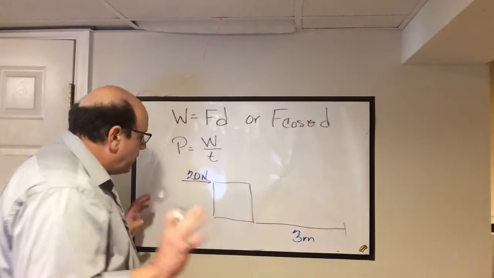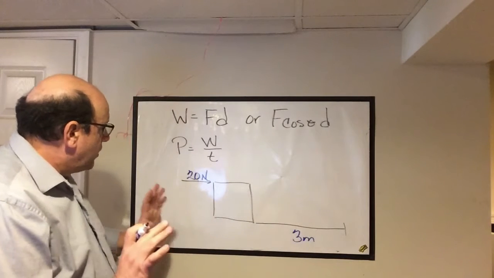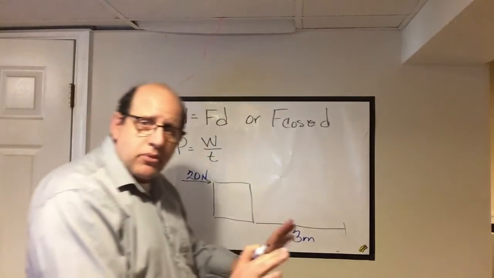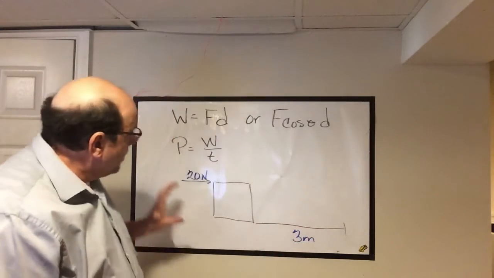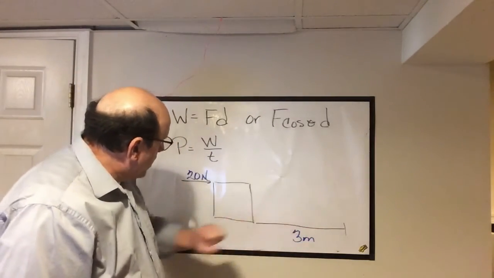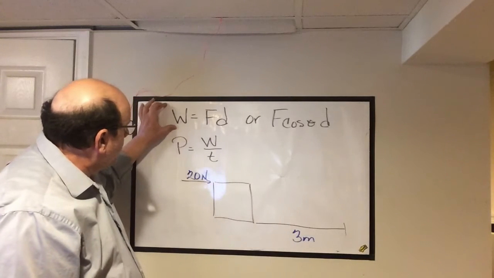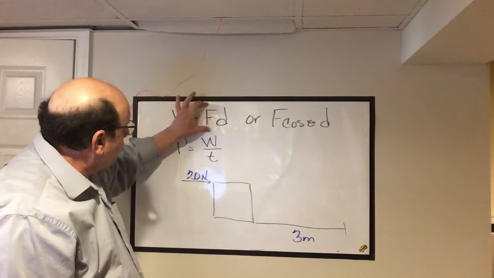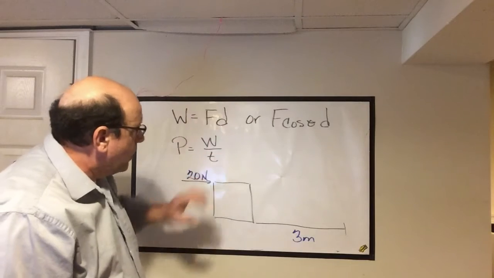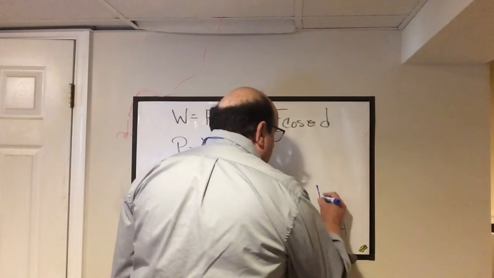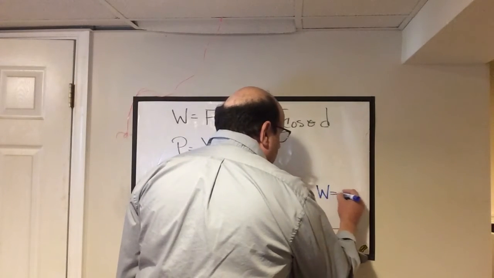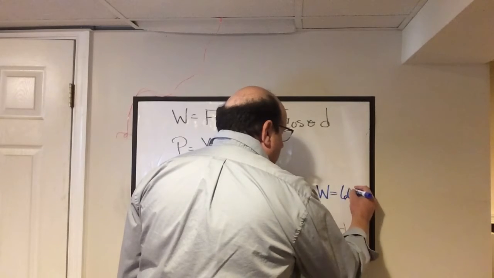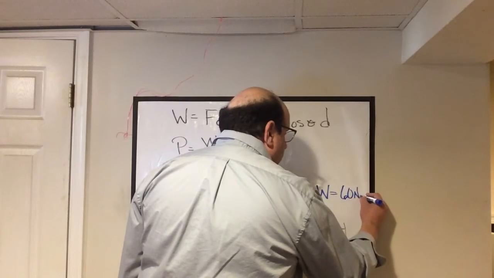If I just apply this force and I don't change the amount of force, it's a constant force being applied for 3 meters, then the work being done on this is 20 times 3, or I've done 60 Newton meters of work.